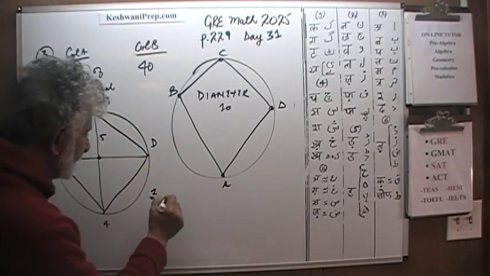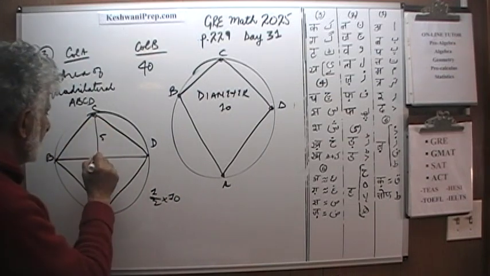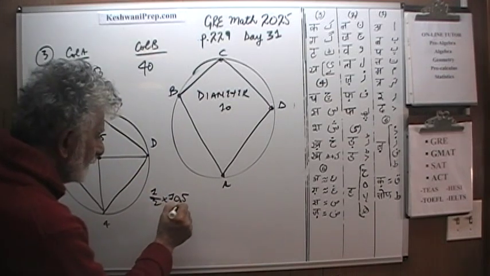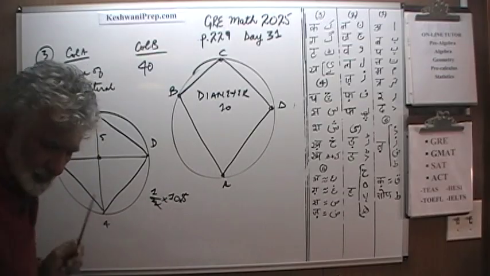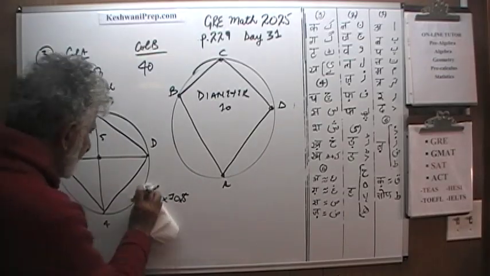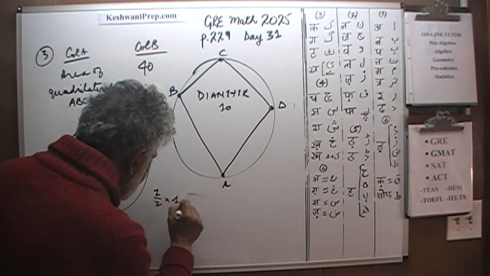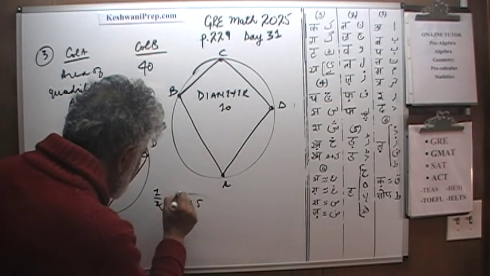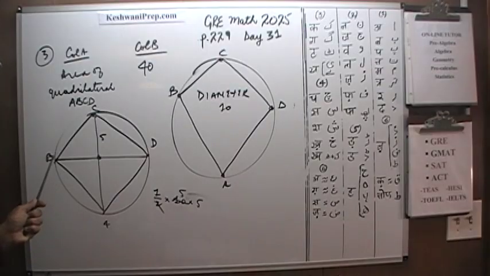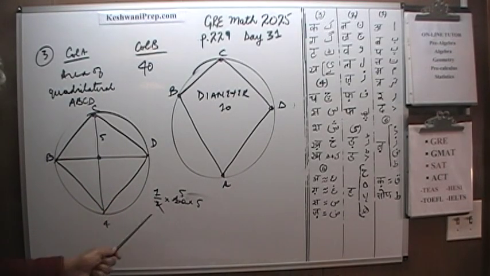Base from here to here is 10, the height is 5, so we're dealing with 25. The area of the triangle BCD is 25, and similarly the area of the triangle BDA is 25.